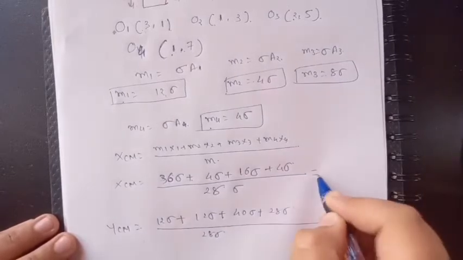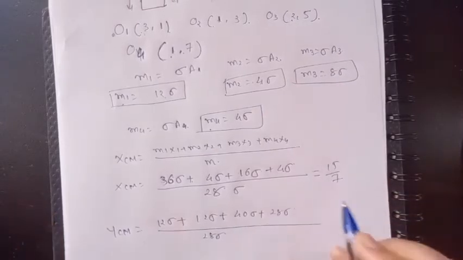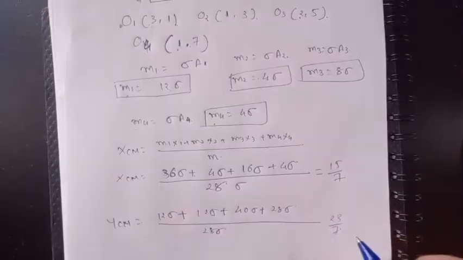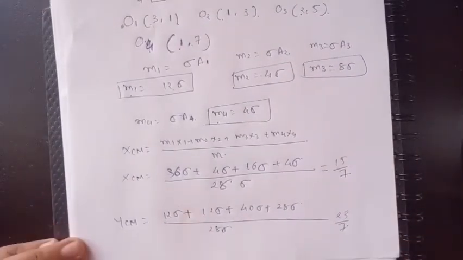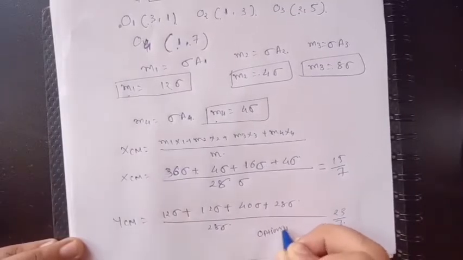By solving this, we will get xcm as 15 by 7 and ycm as 23 by 7. So option 2 is the correct option.